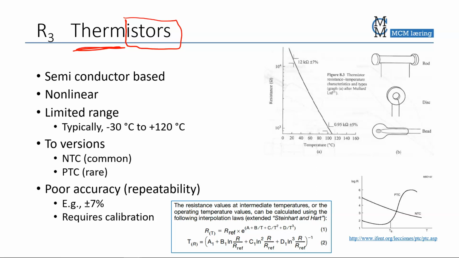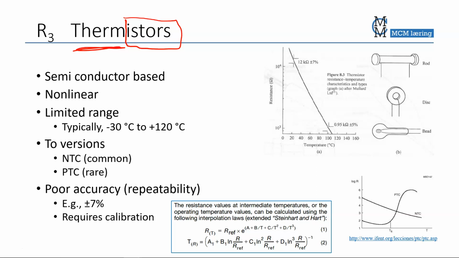The cost is close to nothing, so they are really, really inexpensive. So for mass-produced purposes, they are really, really common. The accuracy is now good enough, so drop the poor. That was for the old version. So if you have an old thermistor in your drawer, you should really replace it with a new one. And the accuracy now is good.